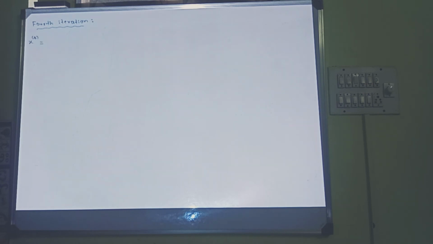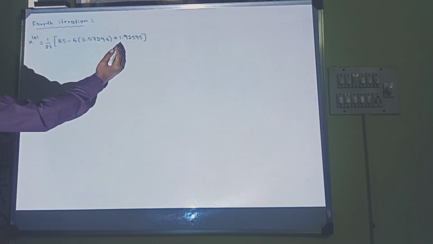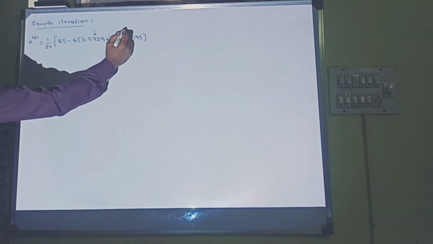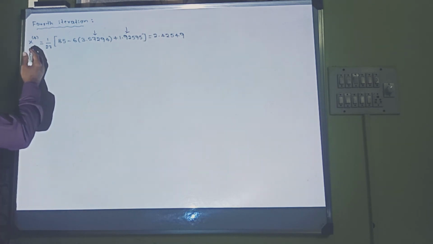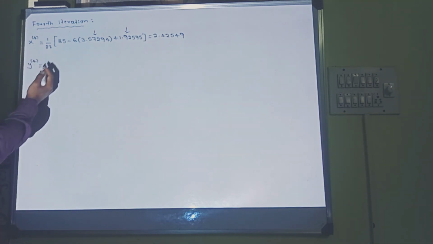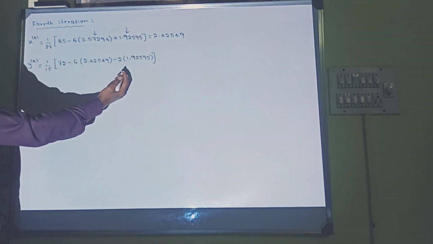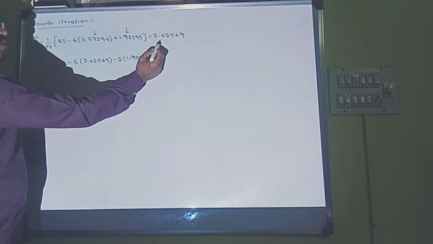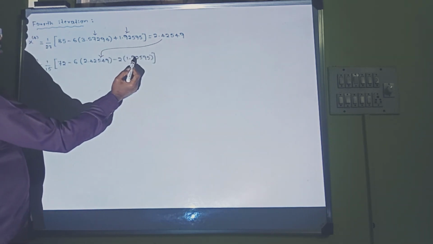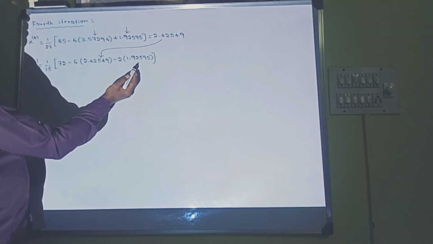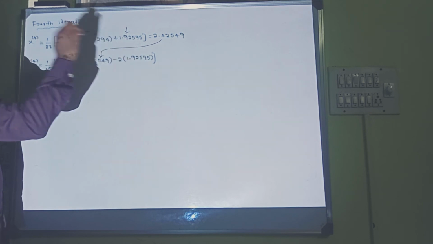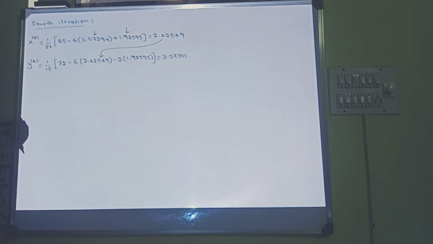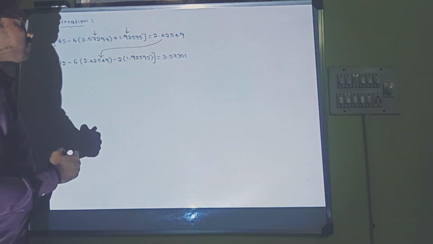Fourth iteration, x4 gives this, using the just improved values from before. Simplify this. Similarly, y4, if you find, you will have this. This x we have taken here, and this is z. Z will be taken from the previous iteration, whose answer is this.